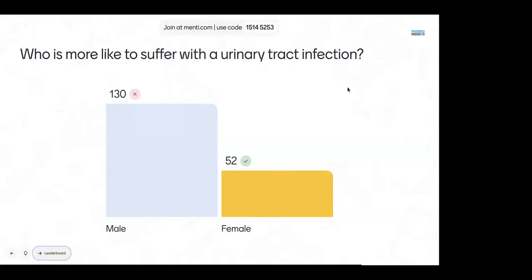Does that make sense? So in general, females are more likely to develop urinary tract infections. Males are more likely to develop kidney stones, on the other hand.